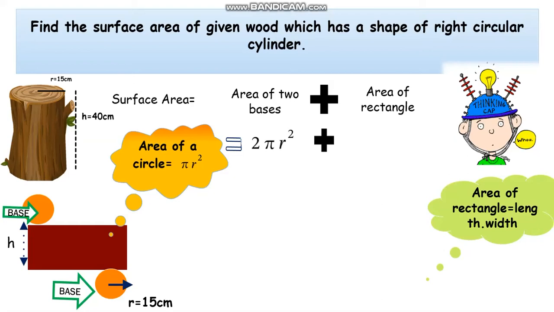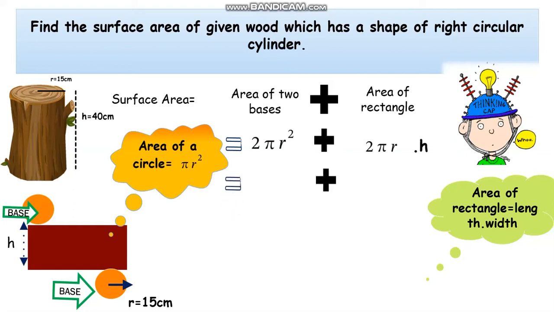What is the length? Yes, you remembered. The length means the circumference of the base circle. So it will be 2 times pi times r. And what is the width? When we say width, it is the height.